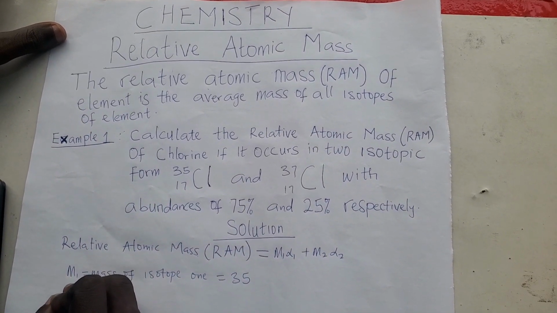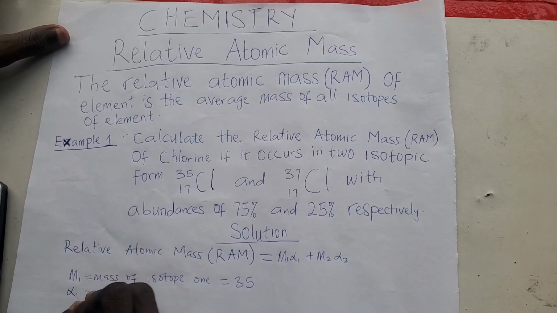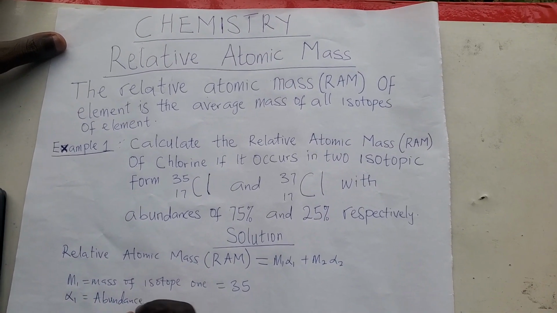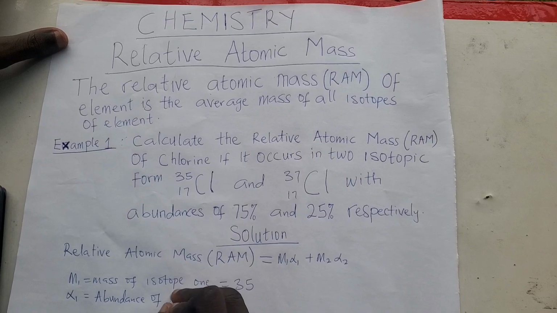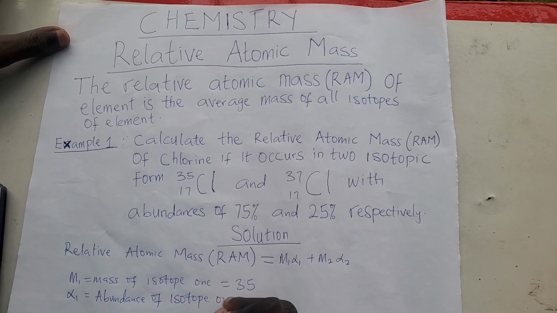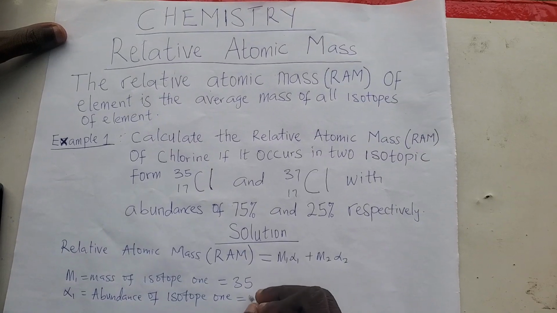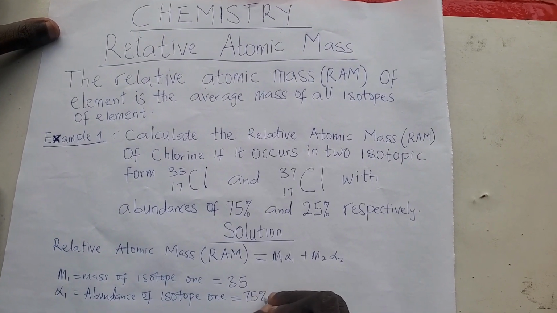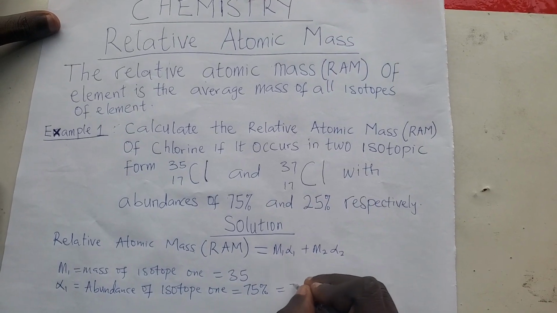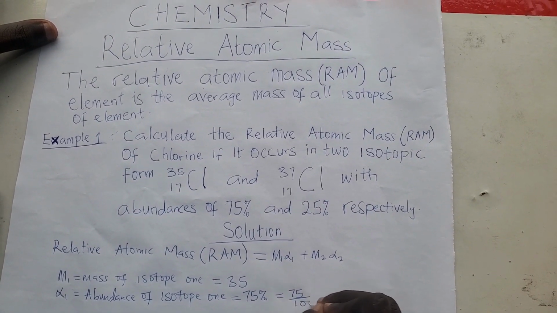So alpha 1 equals the abundance of isotope 1, and that is equal to 75%. Of course, you know that 75% is also the same thing as 75 over 100.